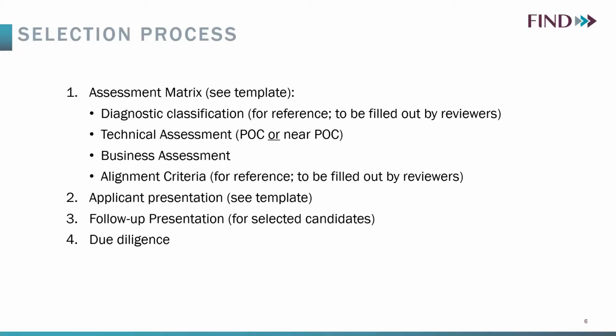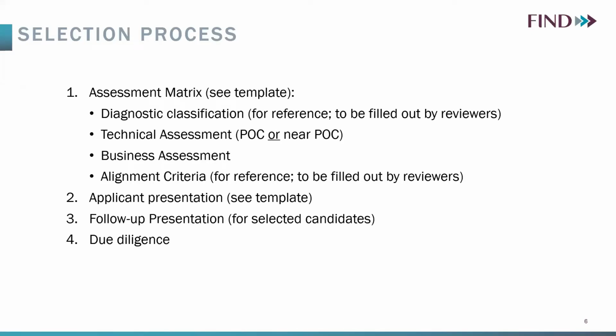As part of this RFP, as was mentioned before, we are selecting products in 2 different technology classes. So this initial diagnostic classification is for the reviewers to determine under which technology class each application will be considered. Then there are 2 technical assessment tabs, one for the point of care assays and one for the near point of care assays.